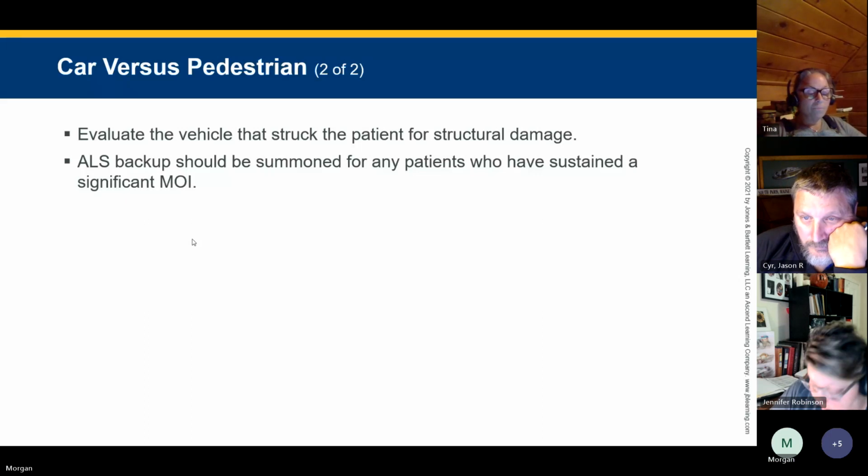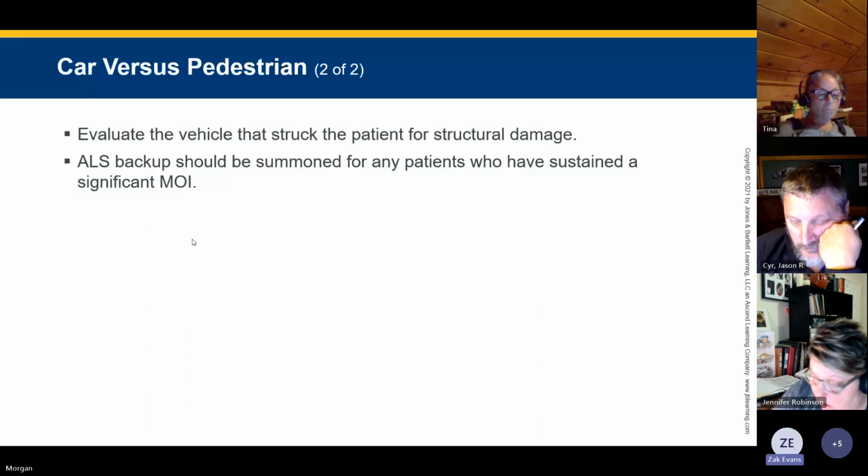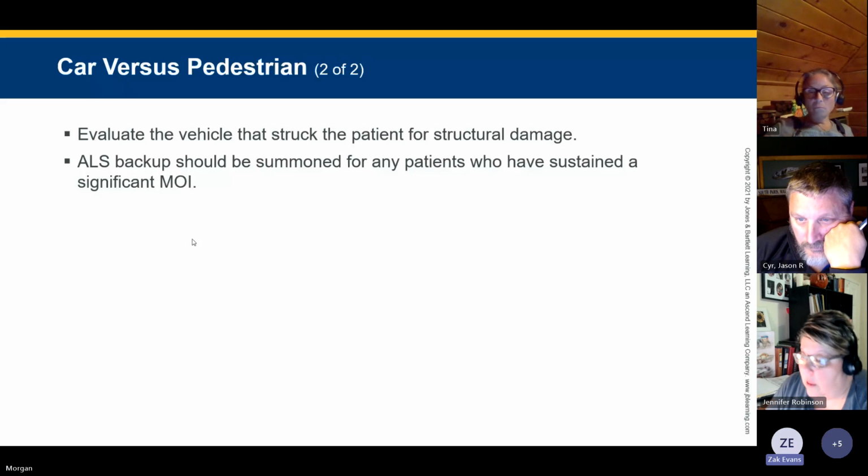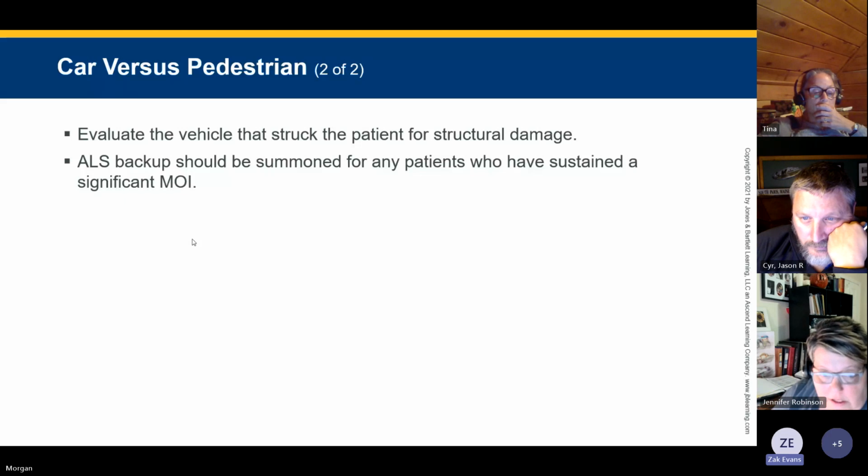It depends. I would verbalize that, because in my experience, especially with an EMT, I would have my EMT partner walk over to the car and visualize the inside compartment and the damage while I'm doing my primary assessment on the patient. Then I use you as my eyes and ask, what did the car look like?